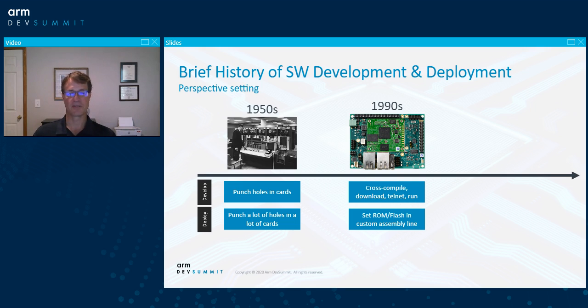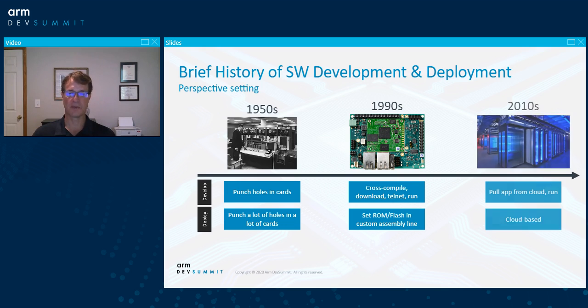The software development process was to cross-compile software, and then we downloaded it to the boards, and we used utilities like Telnet and FTP, and then SSH, SCP, and we kind of went around our software development loop, copying files to our board over the network or by USB, and then at some point we froze the software and we programmed a flash or SD card, and that was the software development process. So everything was about cross-compiling and working on our desk with an x86 machine and then moving the software to the ARM target system, whatever that might be.